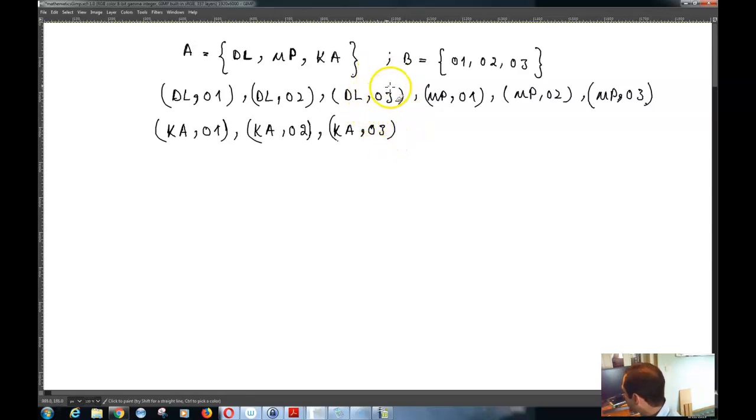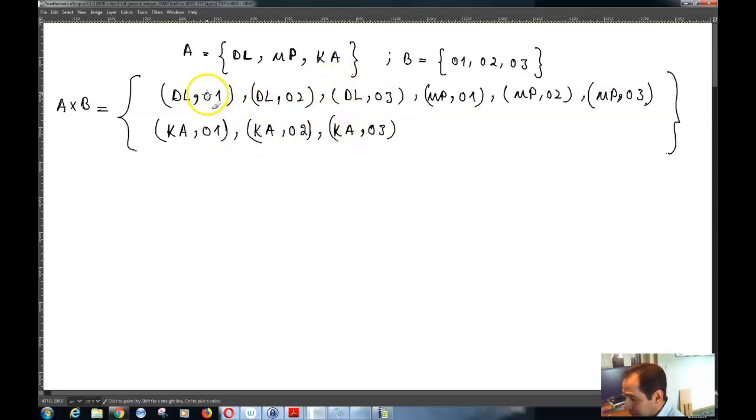And basically in this situation, the Cartesian product of set A and set B is given by all of these elements in just one set like this, meaning that the Cartesian product of the two sets would be basically this set over here.